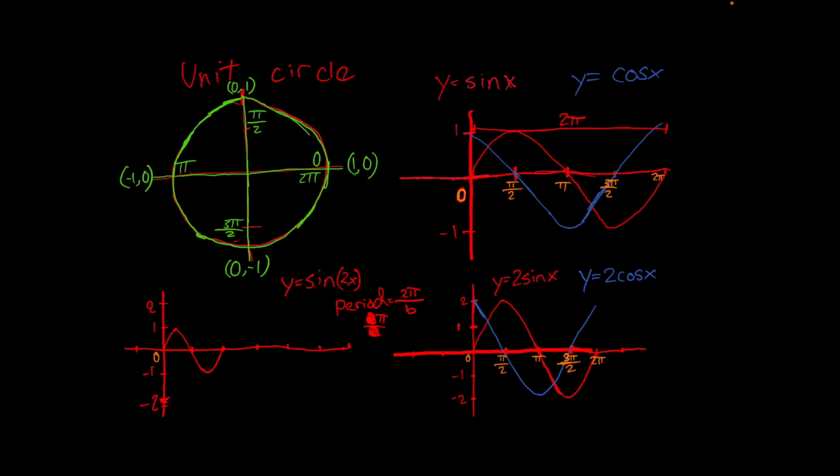Now let's try this with cosine. Actually, you know what? Let's try y equals cosine of 1/2 x. So 1/2 is b. So now we have 2 pi divided by 1/2. Now we're going to multiply by the reciprocal of 1/2.